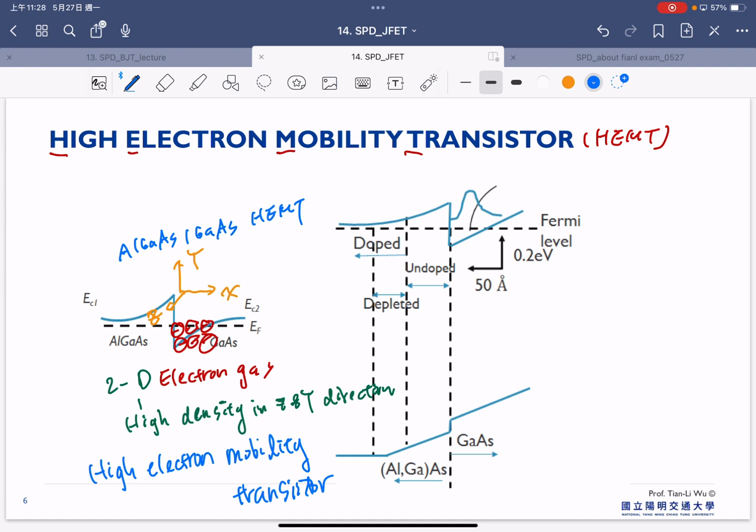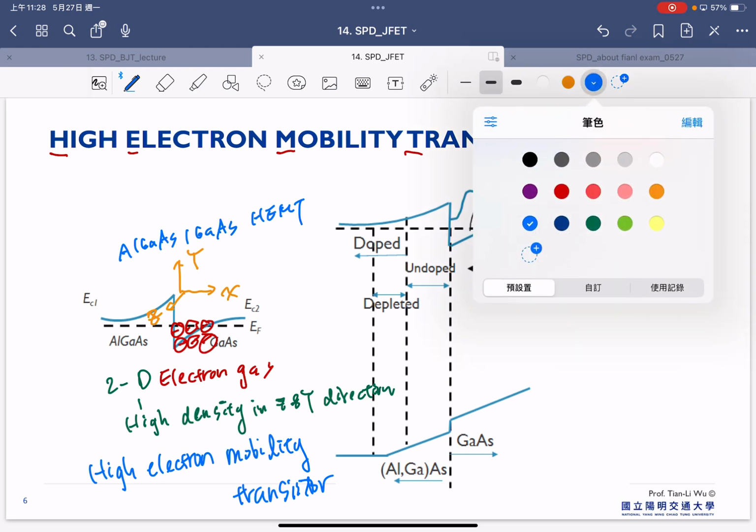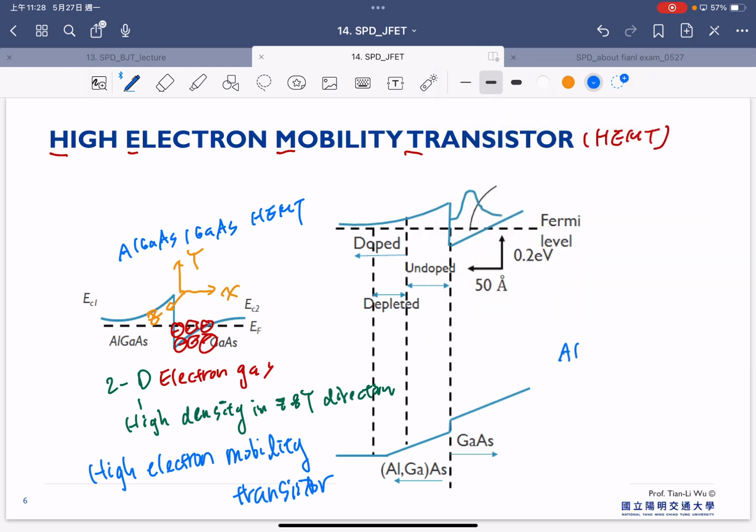And similarly, not only in aluminum gallium arsenide, but also in the case of aluminum gallium nitride. Basically, in lots of III-V materials, it's possible to have this high electron density at a certain interface.